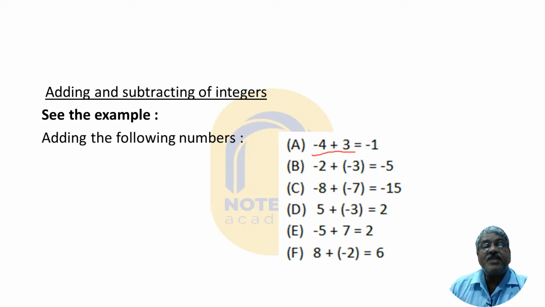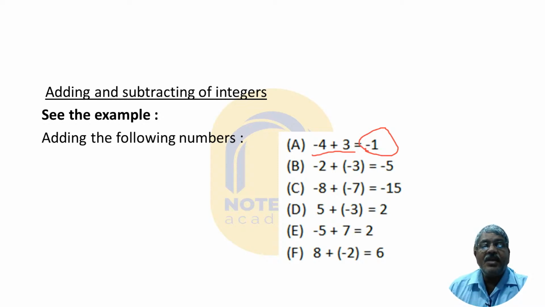From 4 you subtract 3. Don't think about which is negative or positive, just subtract. So 4 minus 3 is equal to 1. The sign will come from the greater number, 4, so the negative sign. So minus 4 plus 3 is equal to minus 1.